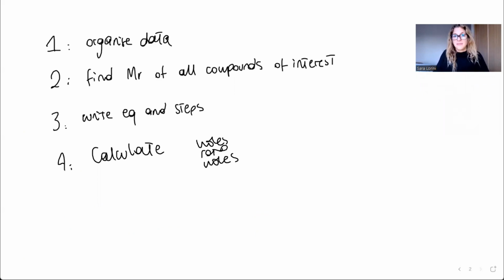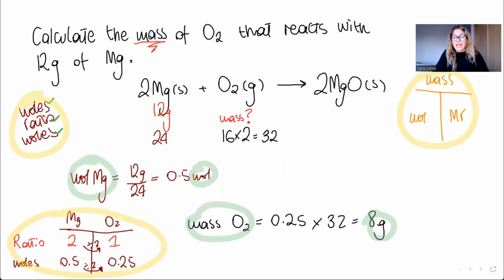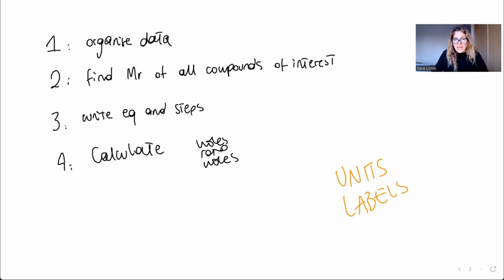Just a few extra things that I want you to always pay attention to when you do this exercise. Write down the units. Write down the labels of everything. What I mean is, write down, I'm calculating the moles of magnesium. Write that down. Units, so that you know what that number is and you're never confused, okay?